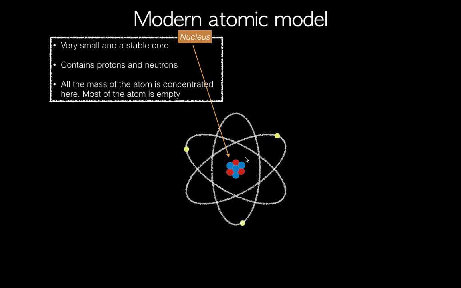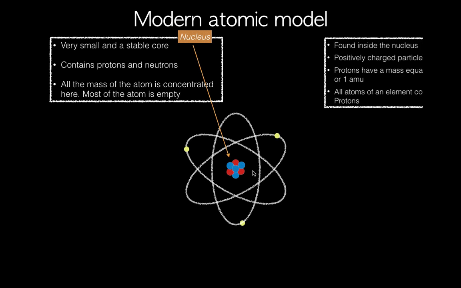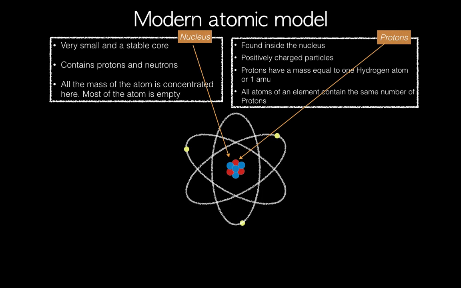The atom consists of three subatomic particles, the protons, the neutrons, and the electrons. Let's take a look at each one of them. The protons are found inside the nucleus. That's here.